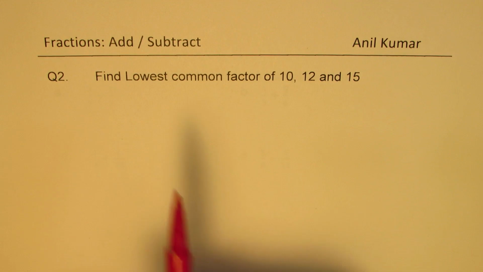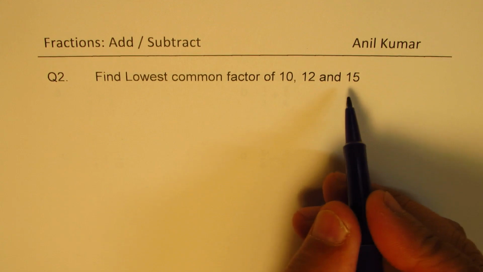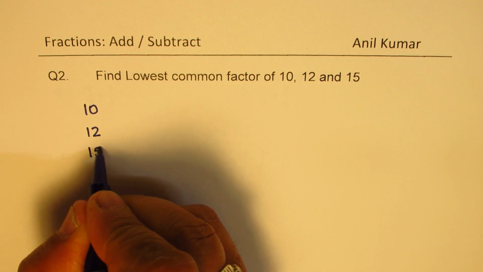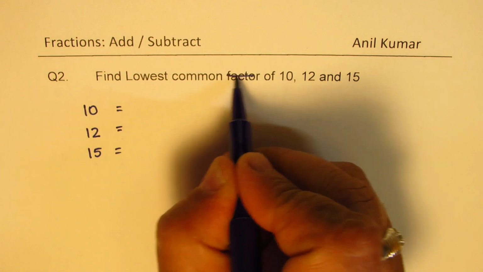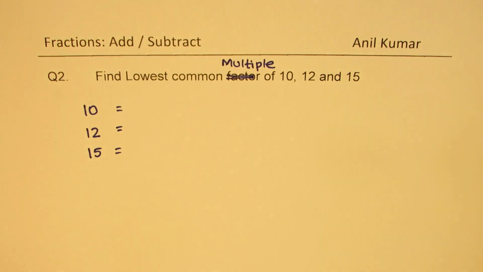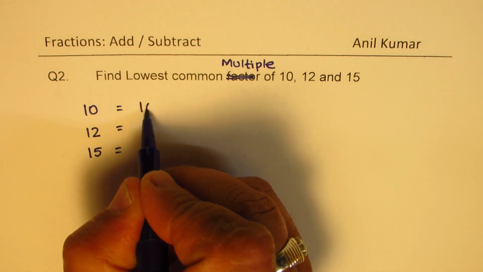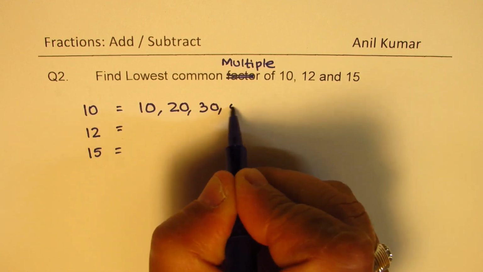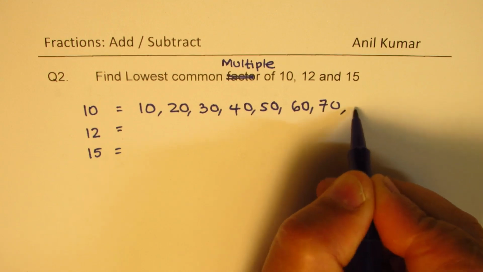In question number 2, we'll see how to find lowest common factor. So we have taken 3 numbers here, 10, 12, and 15, right? So we are trying to figure out lowest common multiple, not factor. We can actually write multiples of these numbers. For example, multiples of 10 are 10, 20, 30, 40, 50, 60, likewise, correct?